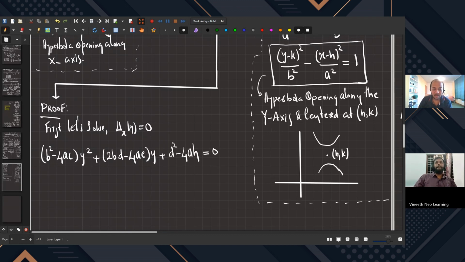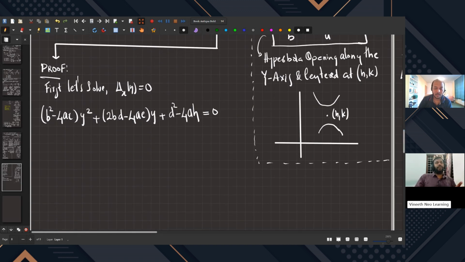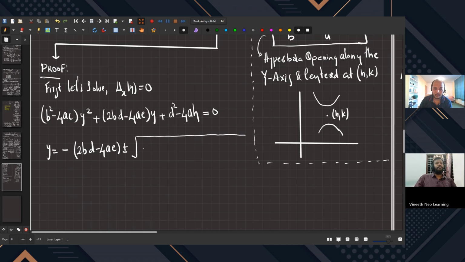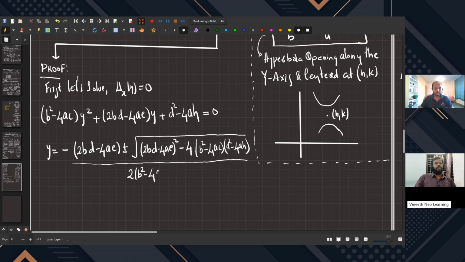Let's use the quadratic formula. y is equal to minus (2bd minus 4ae) plus or minus the root of (2bd minus 4ae) the whole squared minus 4 times (b squared minus 4ac) times (d squared minus 4af), the whole divided by 2 times (b squared minus 4ac).